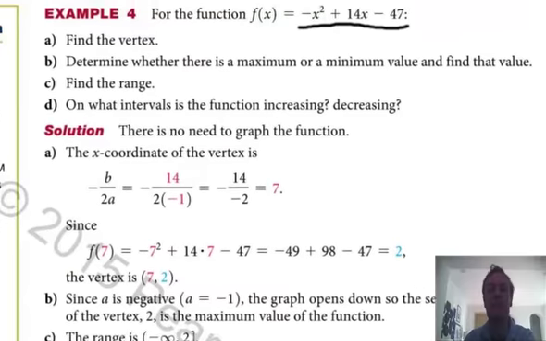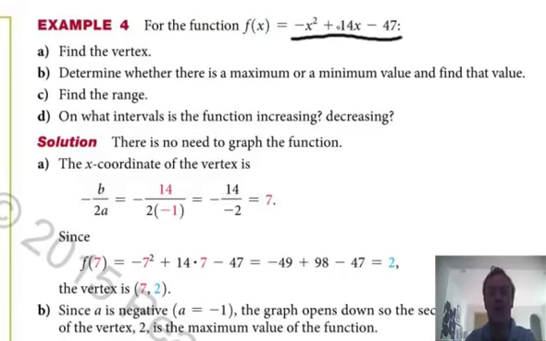Let's have a look at this. If I do negative b over 2a, that's negative 14 over 2 lots of negative 1. 2 lots of negative 1 is negative 2. So the x-coordinate of the vertex, negative 14 over negative 2, is going to be 7. To find the vertex, the x-coordinate is 7.